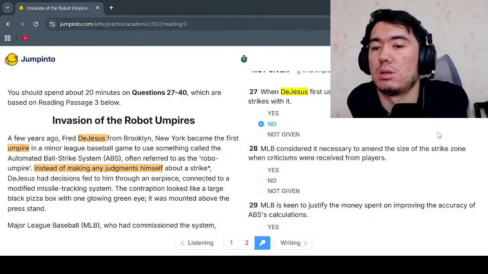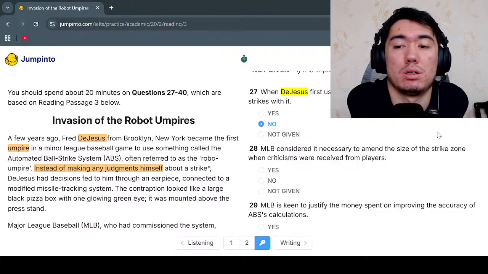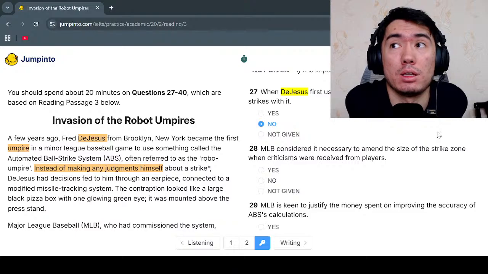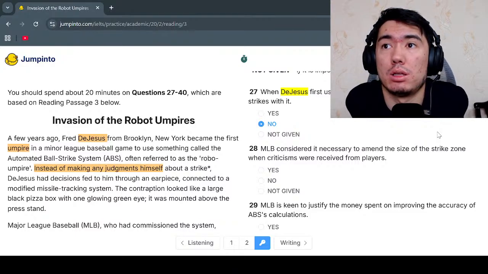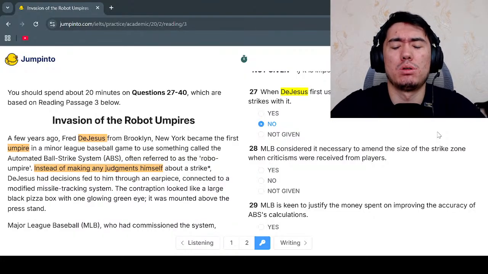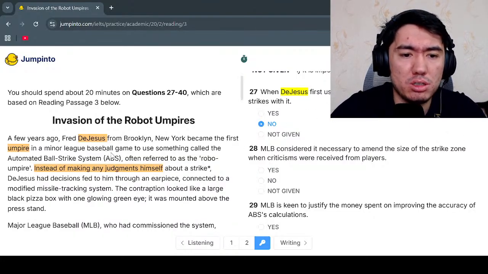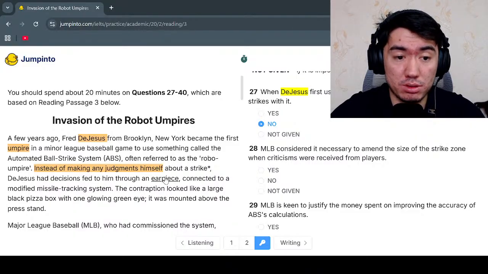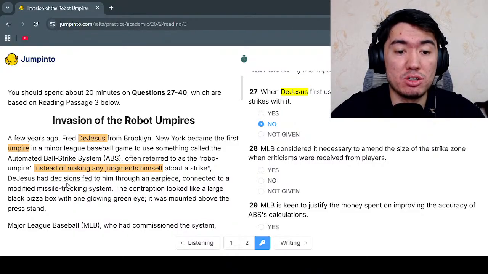Now I see. Did he share the decision making? Oh, that's so hard, bro. I mean, he totally gave it up. Yes, instead of making any judgments himself, the decisions were fed to him.